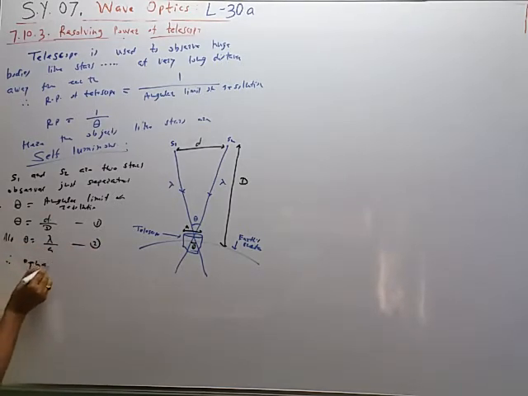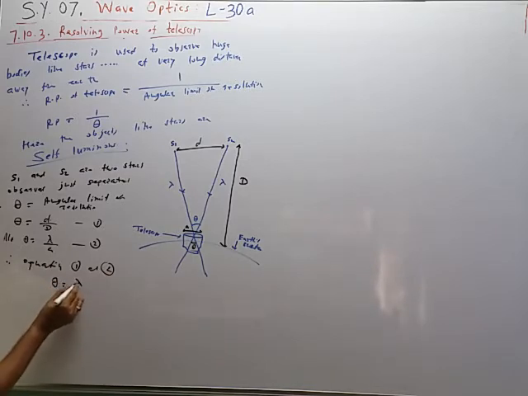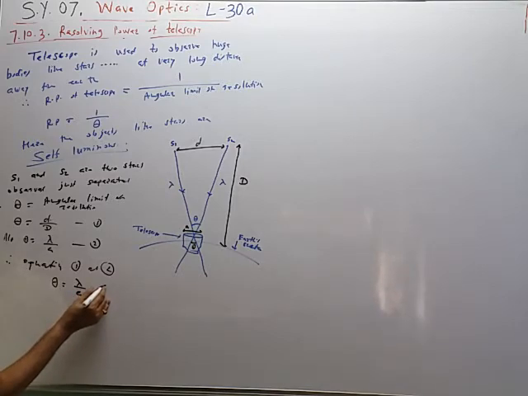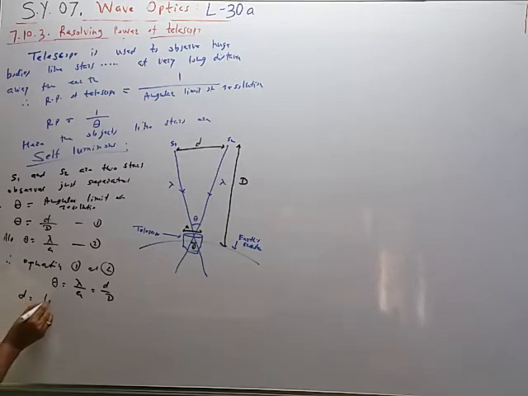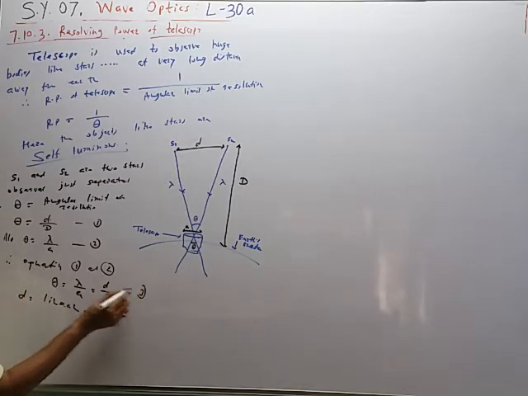Therefore, equating 1 and 2, theta is equal to lambda upon A is equal to d upon D. D is equal to linear distance. This is equation 3.